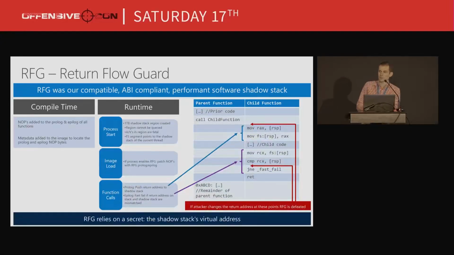If an attacker is able to corrupt the return pointer on the normal stack before it is copied off onto the shadow stack, then Return Flow Guard will be bypassed because that corrupted return pointer will be used in the epilogue check. And similarly, in the epilogue, if the attacker is able to corrupt the return pointer on the normal stack after the epilogue check runs, but before that return instruction executes, then they can also bypass Return Flow Guard.